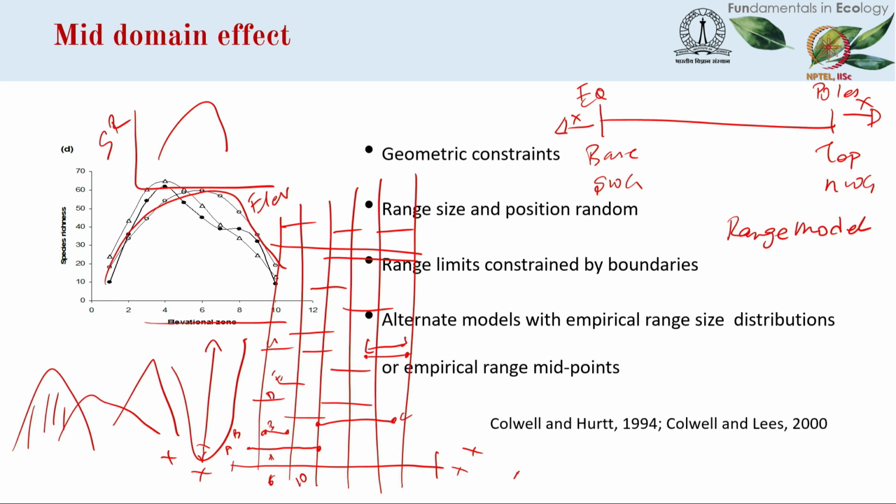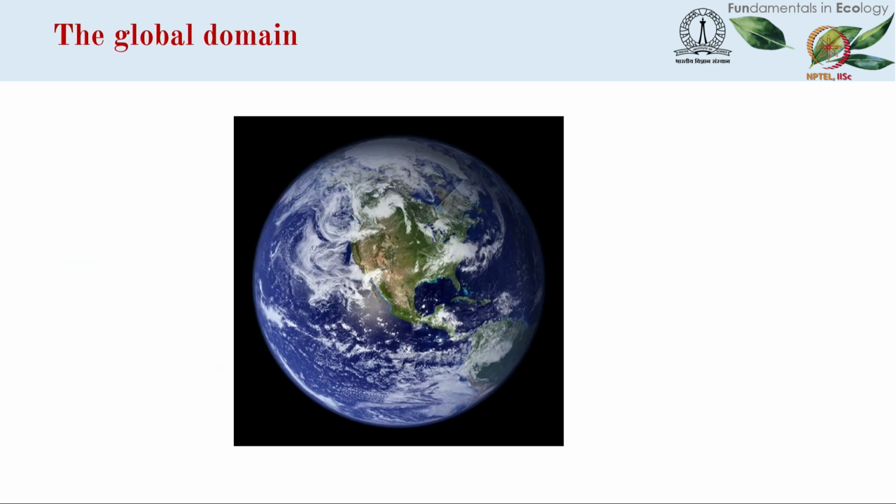They were similarly arguing that if I look at the globe as a domain, as a bounded domain, and I distribute species randomly on Earth, and in fact much of the southern hemisphere doesn't have land, so if I compensated for the amount of land, that I would actually get a hump-shaped pattern through just the random distribution of ranges.